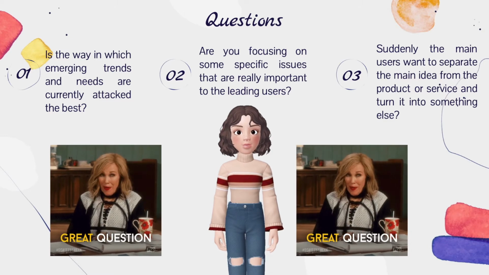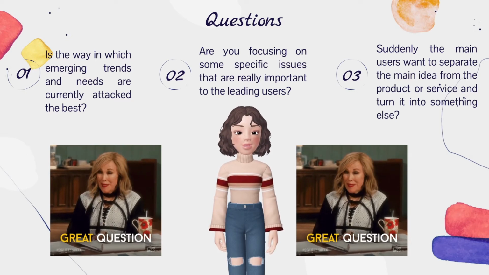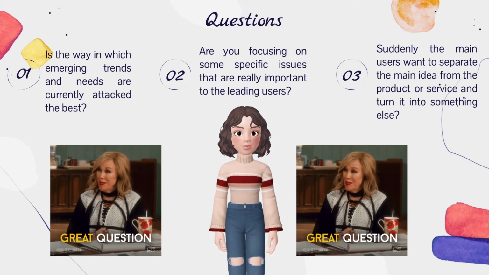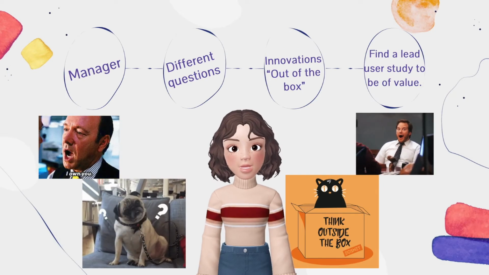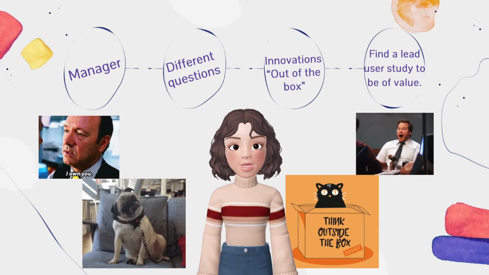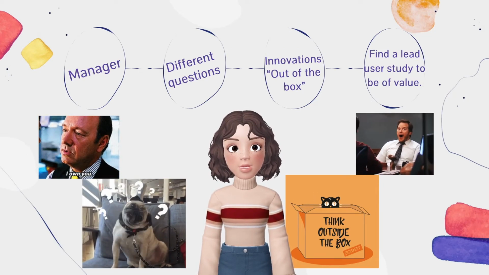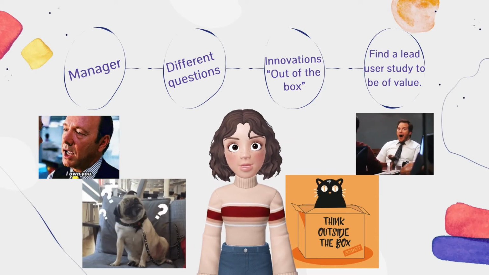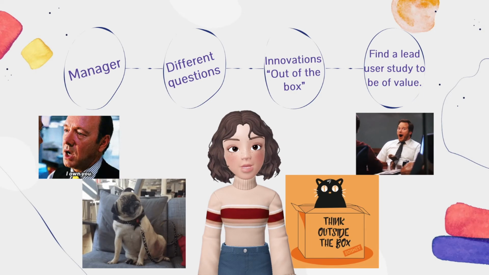Also, are they focusing on some specific problems that are really important to the lead users? And suddenly the lead users may want to separate the main idea from the product or service and turn it into something else. Therefore, managers must ask themselves different questions in order to allow the possibilities of innovation out of the box to be identified and considered.